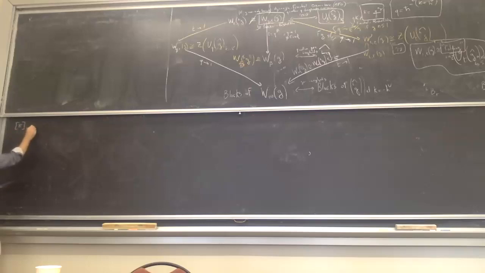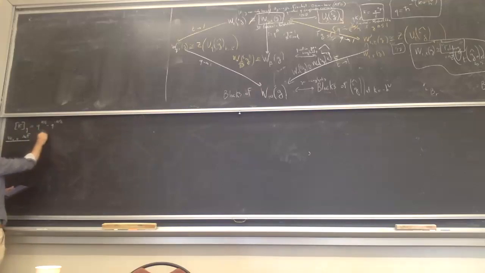A number in brackets K means Q to the K over 2 minus Q to the minus K over 2. Okay, so the W_{Q,T} definition: you start with a deformed Heisenberg algebra, sometimes called a Q-Heisenberg algebra.